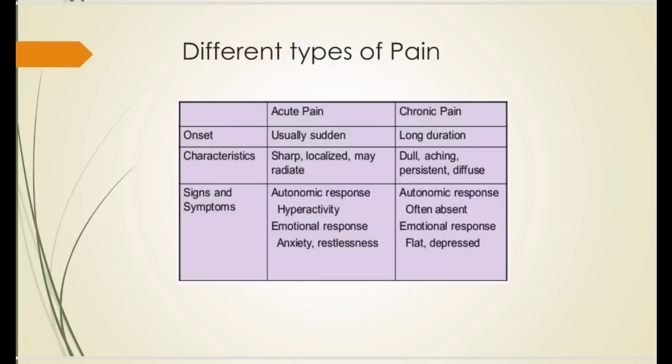So they are usually very reluctant to do something. They will want to stay in bed, they will want to stay on the chair, they don't want to move, alright? So the person will behave very differently than somebody who is in acute pain.